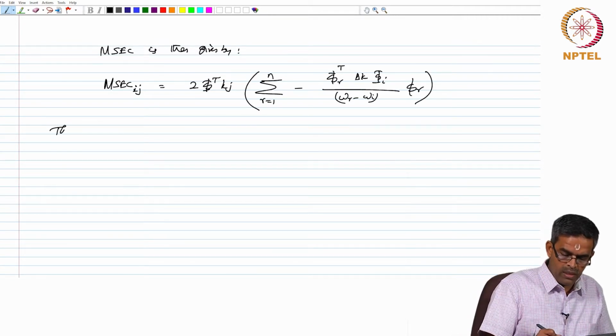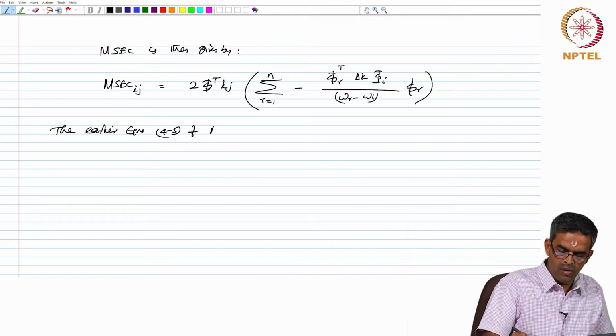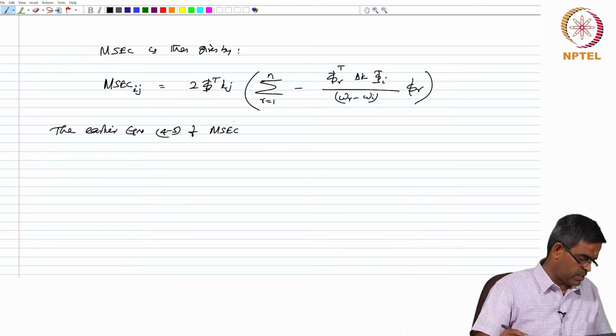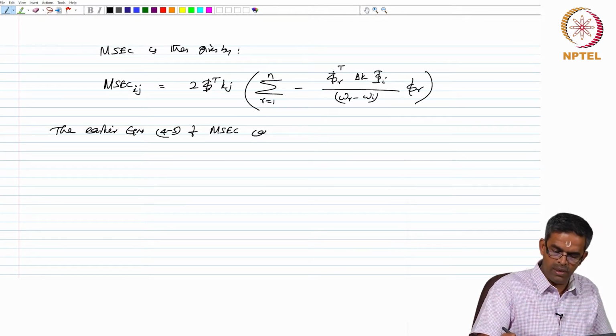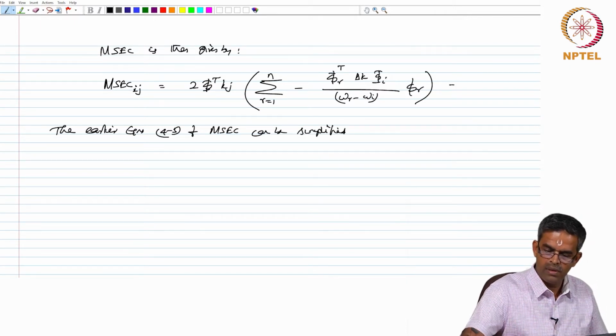Now, the earlier equations, that is 4 to 5 of modal strain energy correction can be simplified as below.